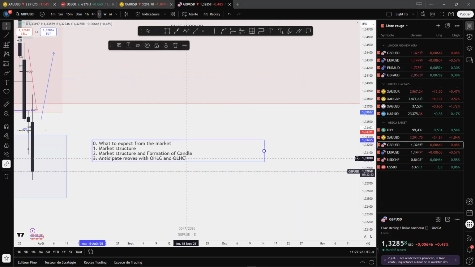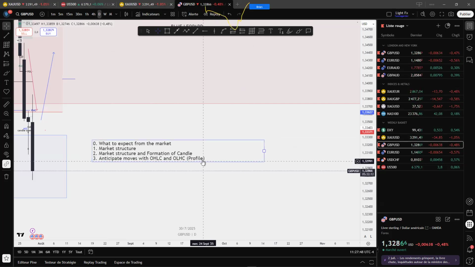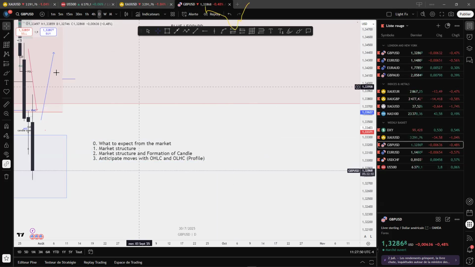We can give it names, but it's to find out what type or what style of day or week we are having. Okay, it's profiling. It's important that you profile the type of day of the week that you're having. Okay, we are going to have this one.